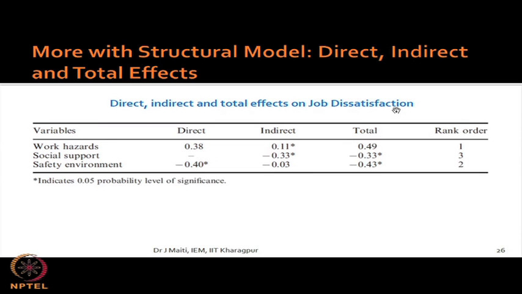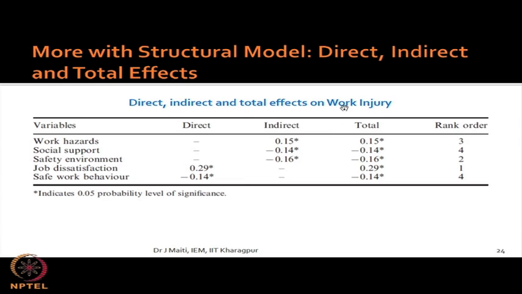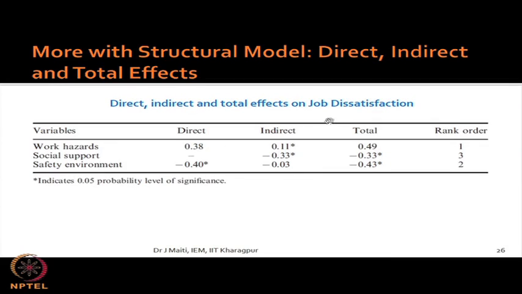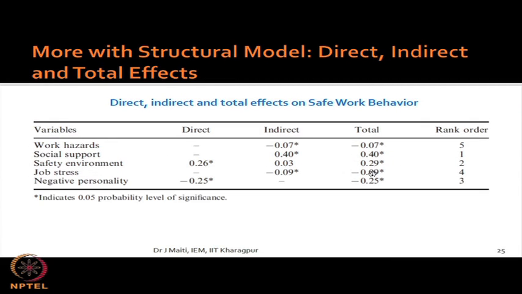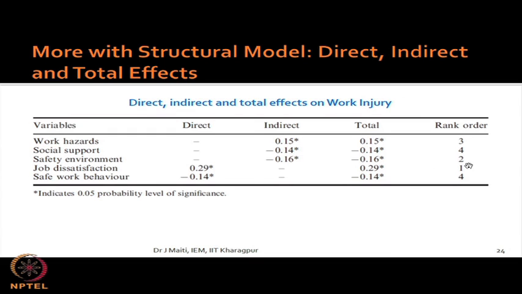Similarly, for job dissatisfaction, interestingly, work hazard comes in. So there is a contrast in the situation. We usually understand that work injury is very much affected by work hazards, true, but it is not direct. If you see work injury, work hazard is in 3rd position, but when we talk about job dissatisfaction, it comes in 1st position.